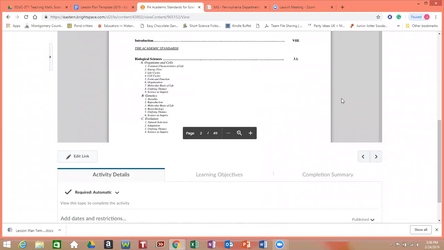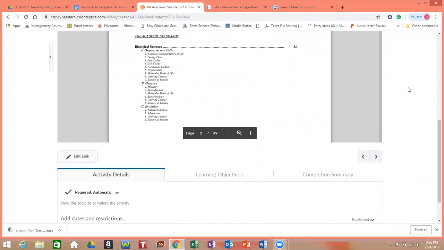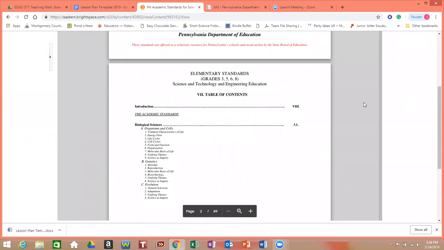And just like with the math standards, there are 4 different sections. The first section here is on the biological sciences. Looking at the codes for understanding the standards, the number 3 indicates that we are talking about the science standards. The 3.1 here indicates the biology standards.